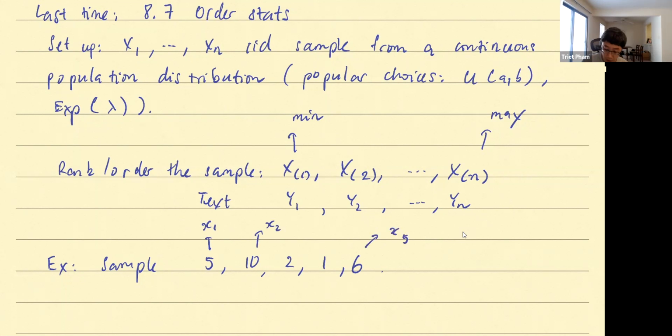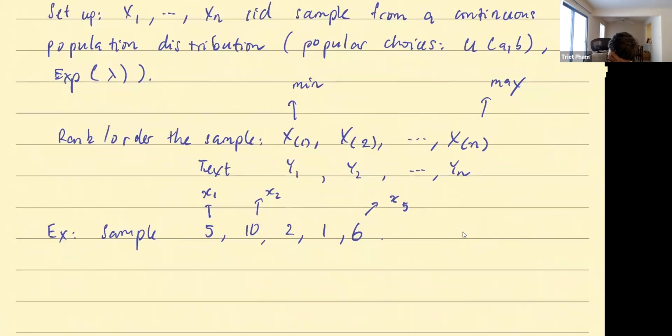But obviously, if you order them, then it will be 1, 2, 5, 6, and 10. So the minimum value, x(1), is 1. The maximum value, x(5), is 10.